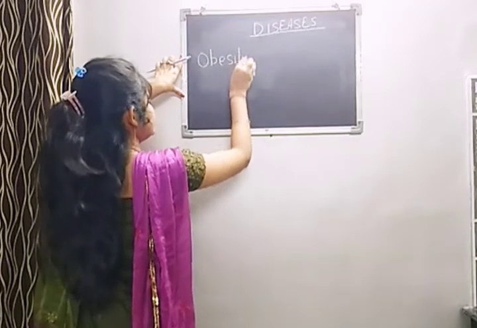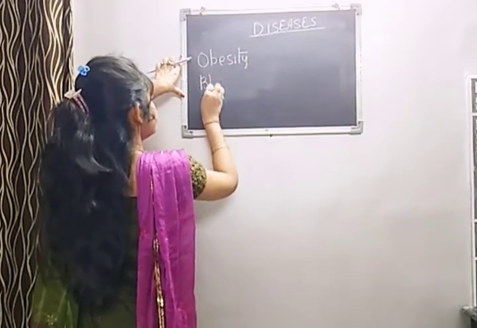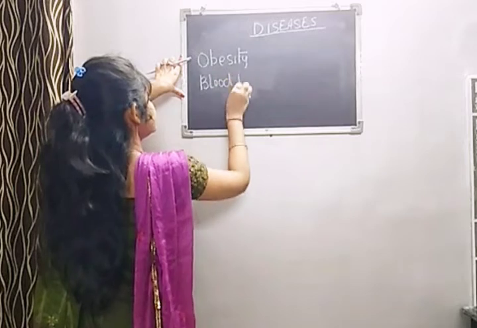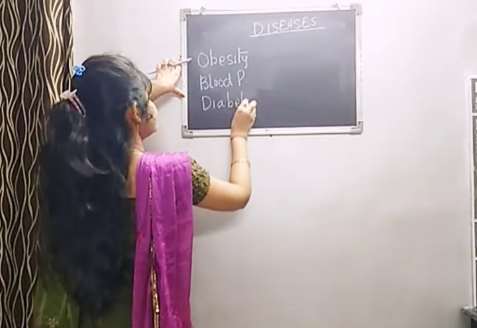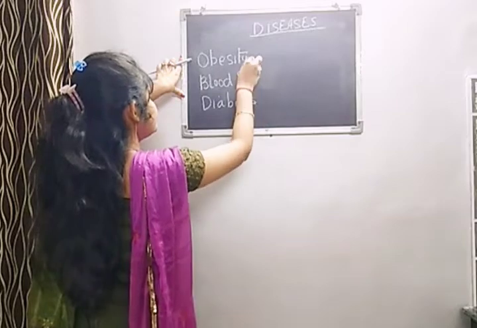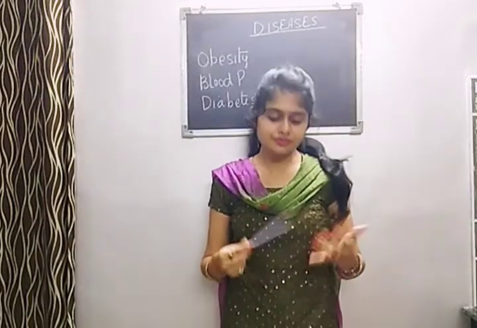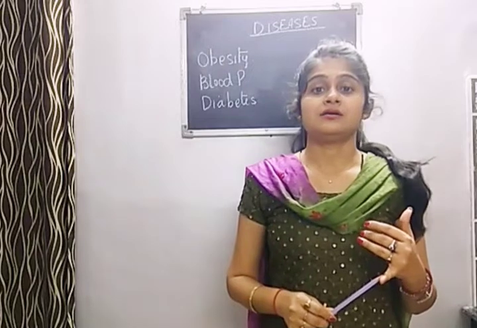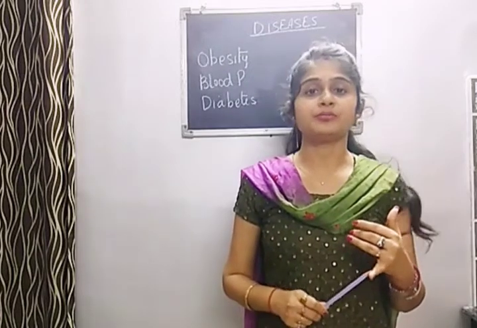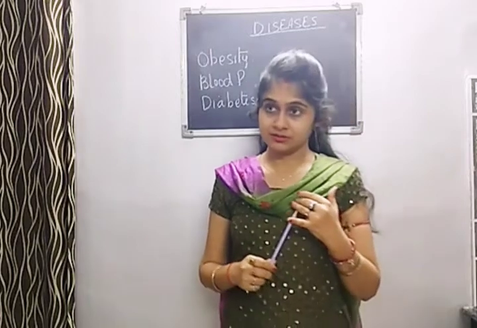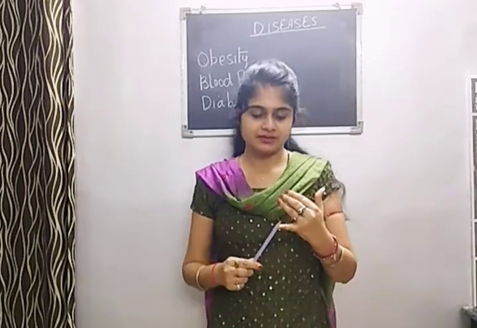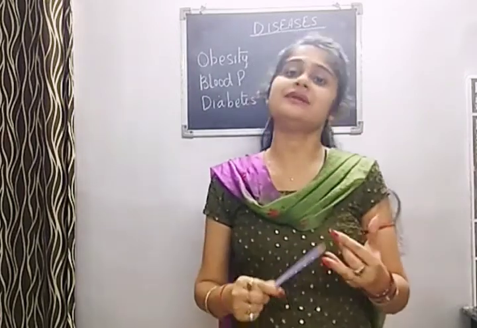The names of some of these diseases are obesity, high blood pressure, and diabetes. They occur in our body system due to not taking proper food, or our food habit not being proper, and second, our lifestyle.